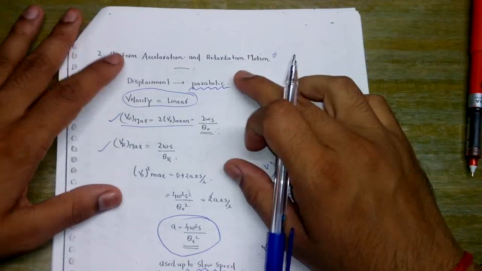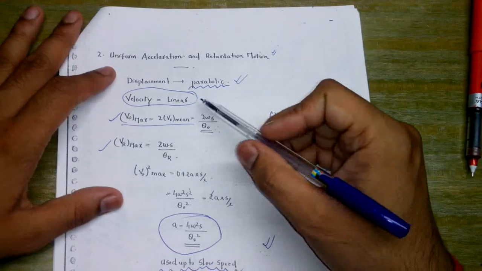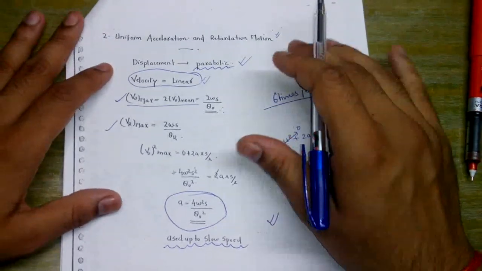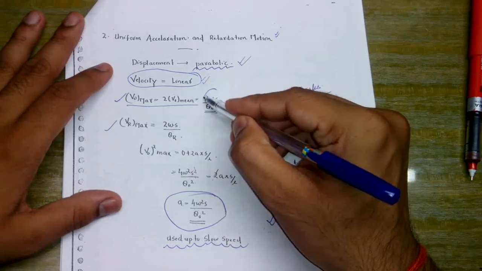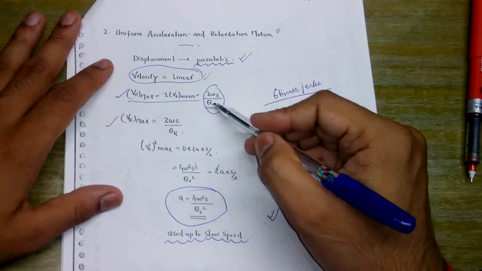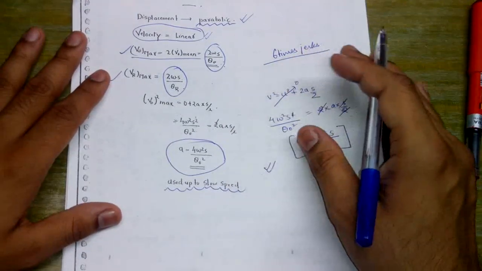In uniform acceleration and retardation motion, the displacement is actually parabolic. The velocity here is linear, and outstroke maximum velocity is 2 times the mean velocity, that is 2 omega s upon theta naught during the outstroke and 2 omega s upon theta r during the return stroke.